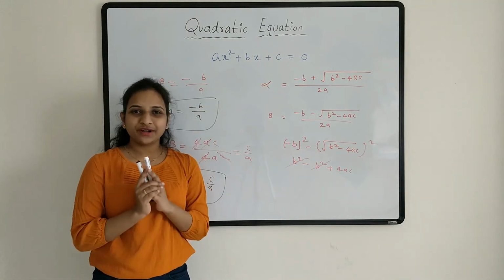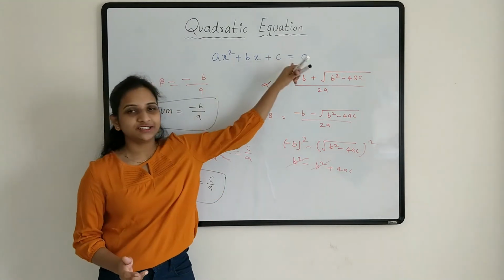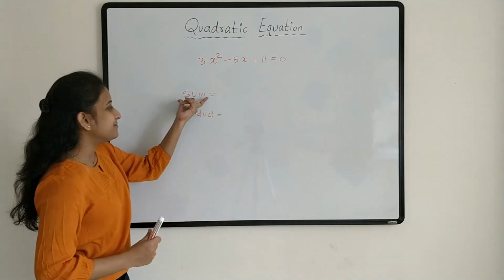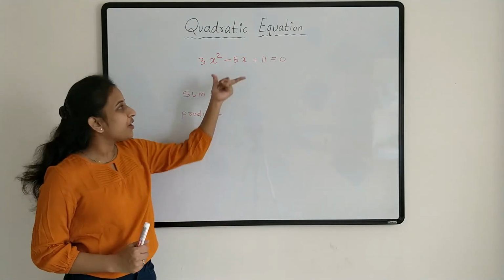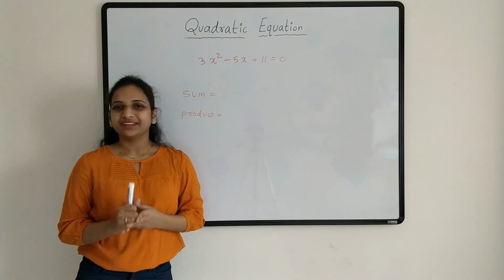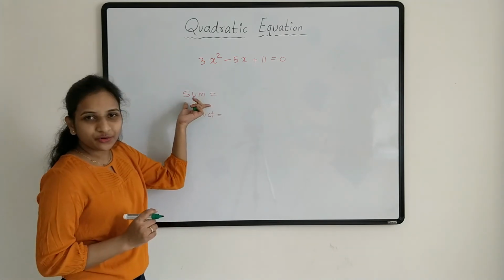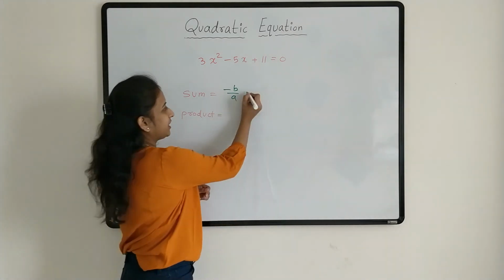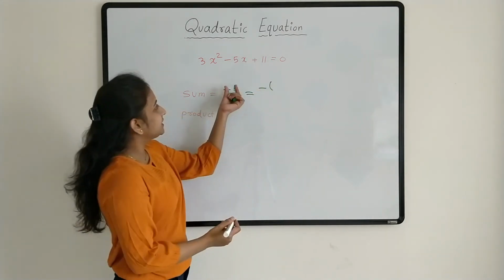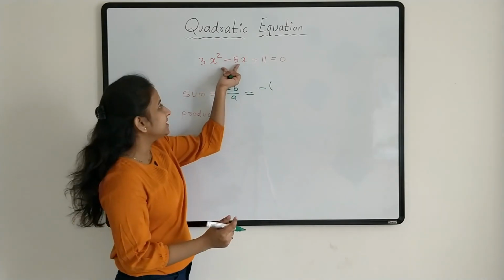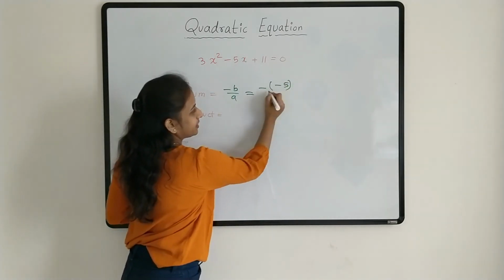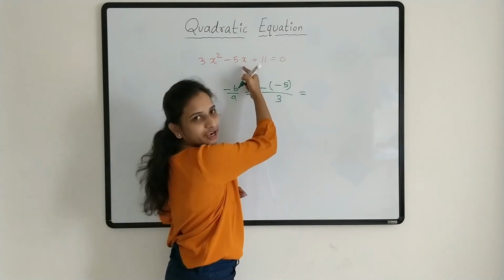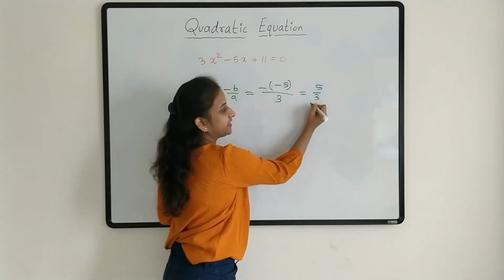This is the relation between roots and the coefficients of the quadratic equation. In this example, let's find the sum and the product of the roots of this quadratic equation. Just now we have seen sum of the roots is nothing but minus B by A. B, in this case, is minus 5, so the sum of the roots of this quadratic equation is 5 by 3.